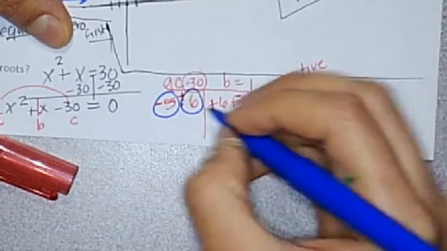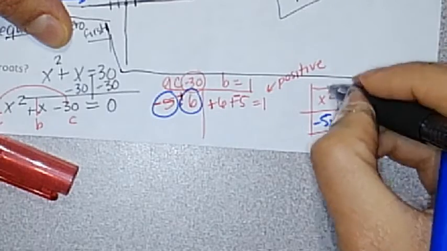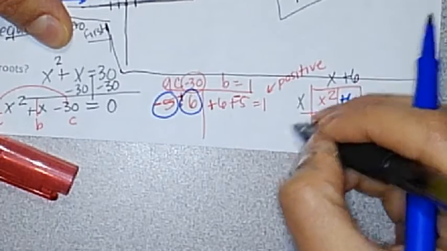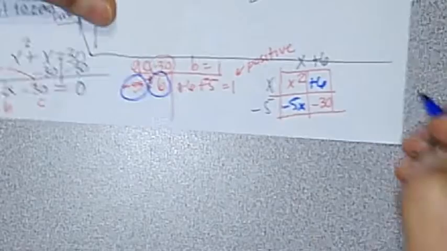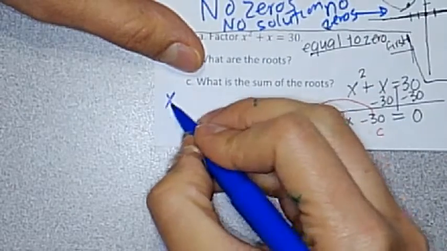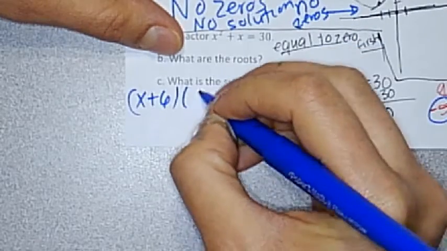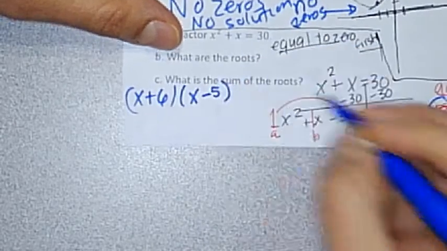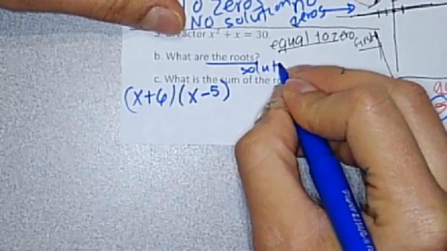Negative 5x, positive 6. So that means this would be x plus 6, x minus 5. So I'm going to put x plus 6 and x minus 5. I want the roots, so in other words, solutions.